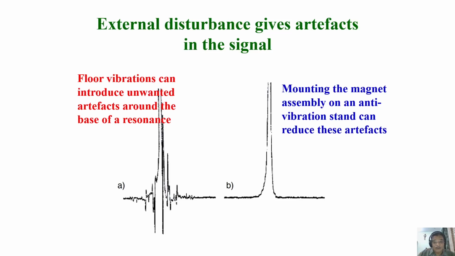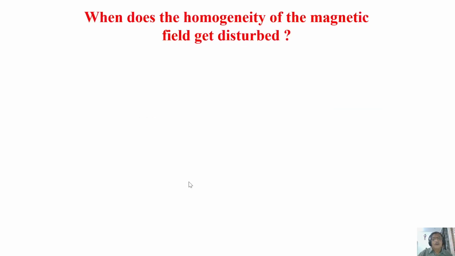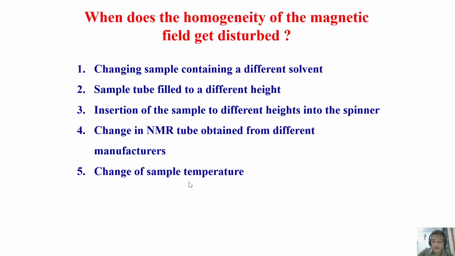You can check: if it is not put on an anti-vibration stand, if it is put on a floor, and somebody is doing work on a lathe somewhere a little far away, or a heavy truck is moving just 20, 30, 40, 50 feet away, you'll see a lot of disturbance in your spectrum. You will start interpreting it as due to sinc function artifacts, etc. But this is due to external disturbance. So you have to mount it on an anti-vibration stand.